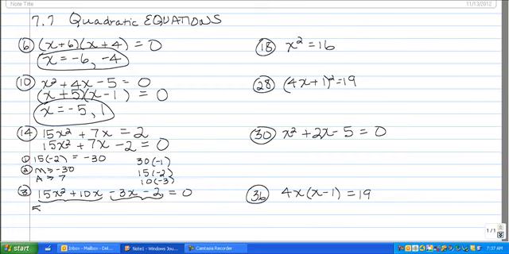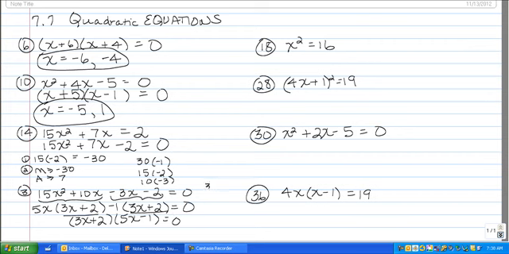So I can take out 5x, so that's 3x plus 2. And I can factor out a -1, and that'll give me 3x plus 2. Now we have 3x plus 2 in common, and that leaves 5x minus 1.